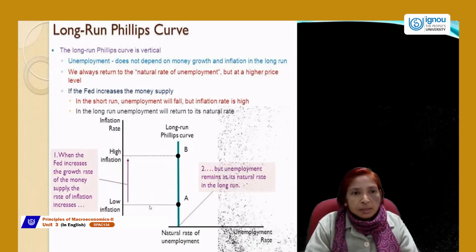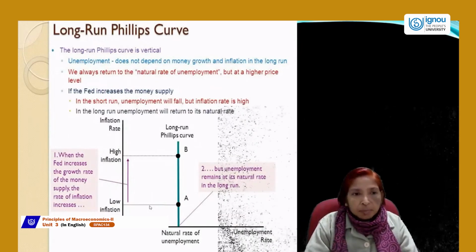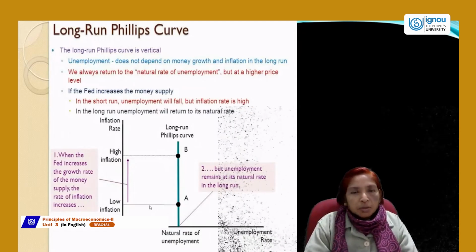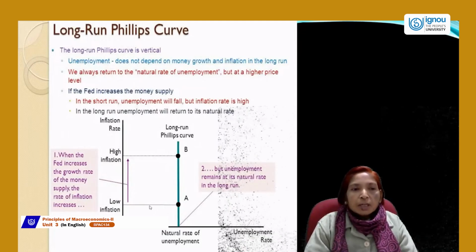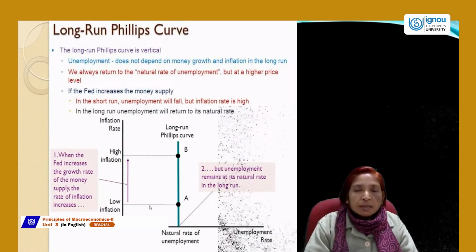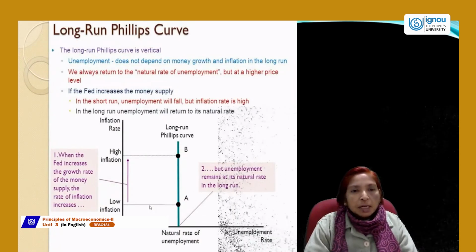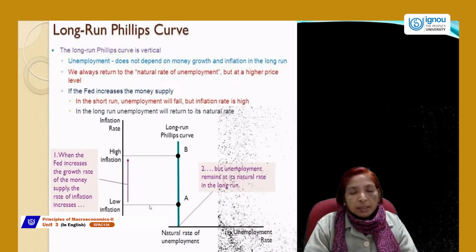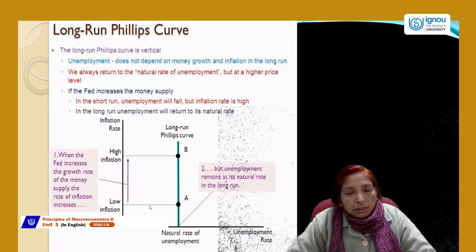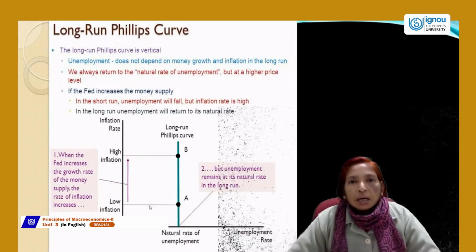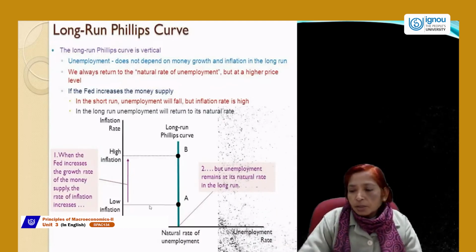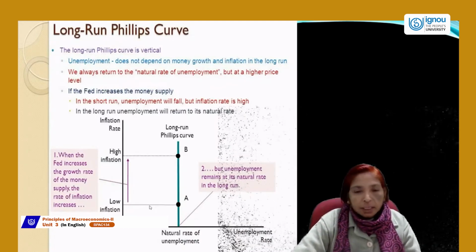If the Federal Reserve System increases the money supply, in the short run unemployment will fall, because we know that as inflation increases, unemployment will fall. Whenever money supply rises, inflation will rise and unemployment will fall, and there is a trade-off between inflation and unemployment. This relationship will exist in the short run, but in the long run, unemployment will return to its natural rate. So in the long run, the Phillips curve will be vertical.